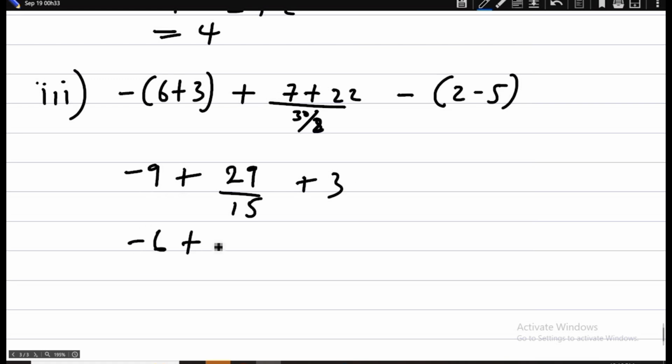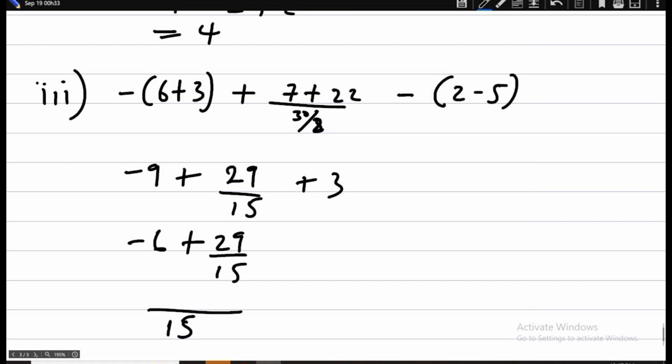Okay, so we have divided by 15. Then I have minus 6. So the answer is 61 over 15. If you do it by LCM, this is 15. 15 times 6 will give us 90.